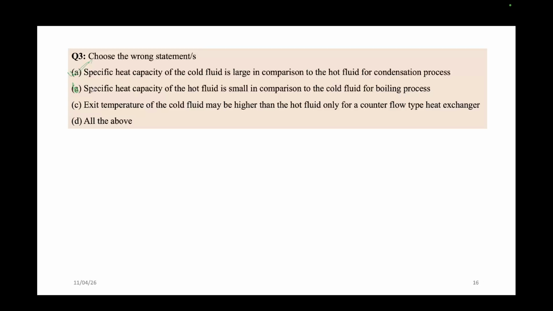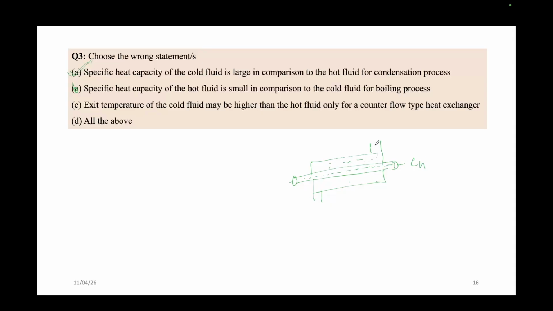Hot fluid. If this is a tube, boiling is happening here. So when will the boiling happen? If the fluid in this part is hotter than this, right? Now, C of H.